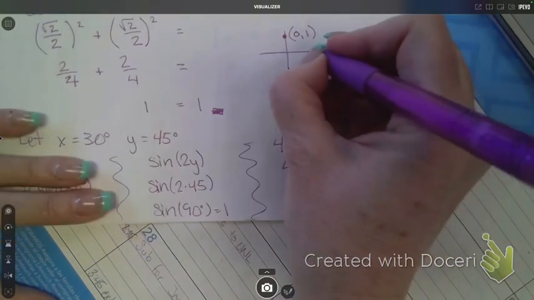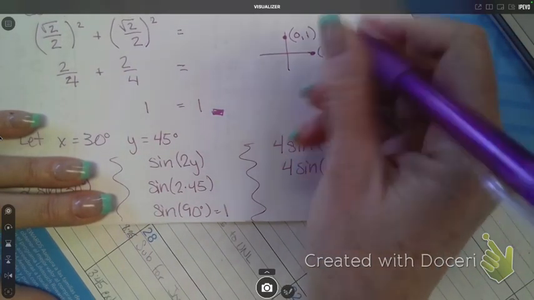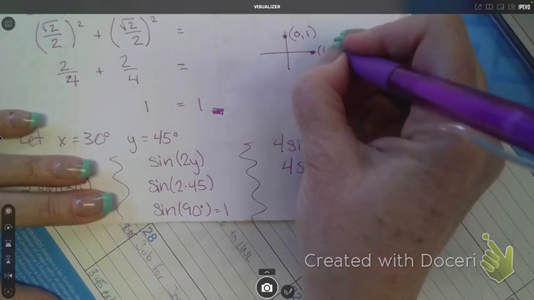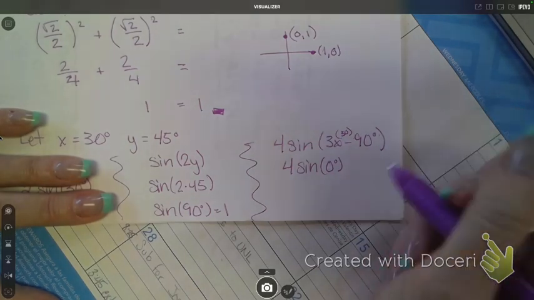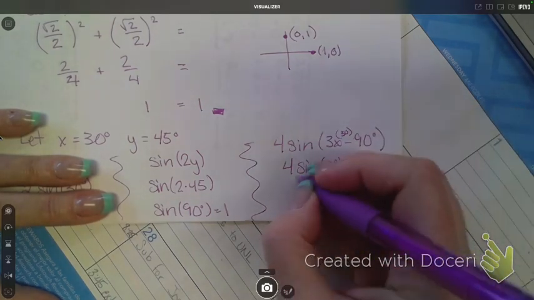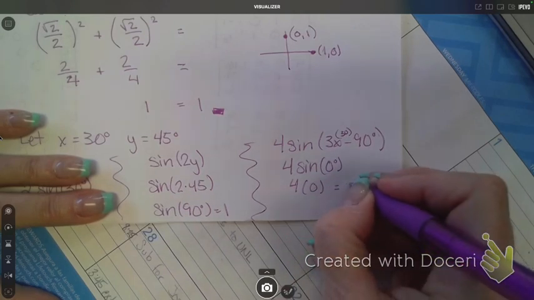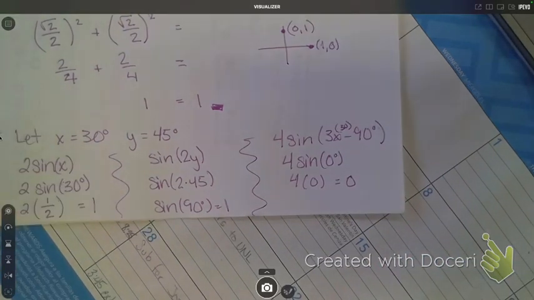Okay, well that's this point over here, correct? Which was 1, 0. Sine is which one, x or y? Y. So the sine of 0 is 0, so my answer is 0. That's what you're doing today.